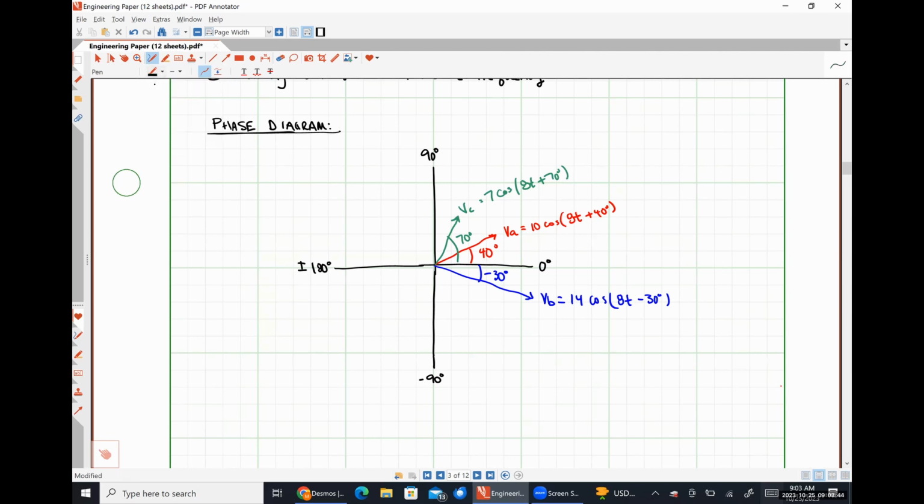I want to find by how much does VA of t lead VB of t?